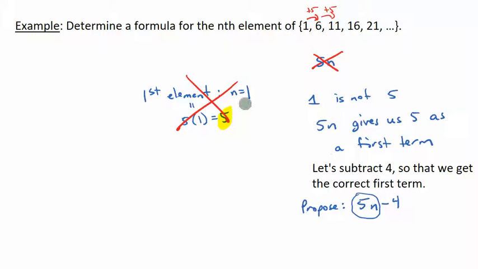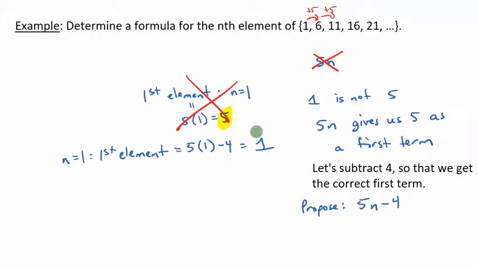And if I subtract 4, I do get 1. So let's check it. If n equals 1, then our first element, according to this formula, will be 5 times 1, which is 5, minus 4, which is 1. And there we go. We've got the correct first element now.